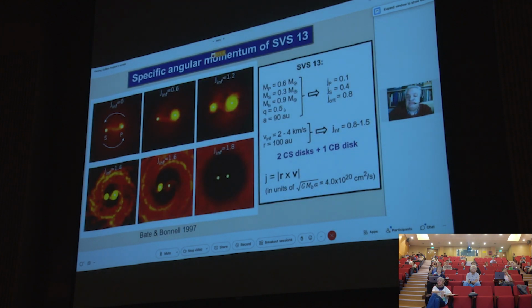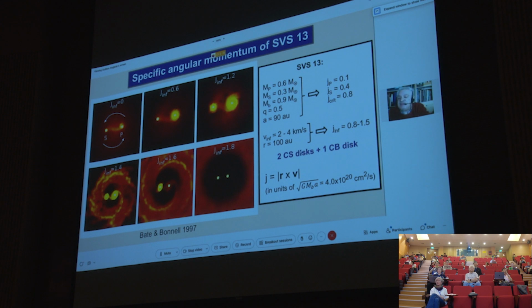And finally, we can estimate the specific angular momentum of the system for each component, and we see that to form a circumbinary disk, we need this critical specific angular momentum of around 0.1 to 0.8.